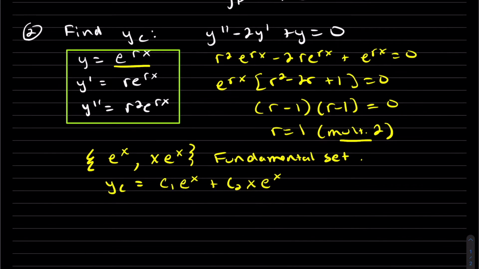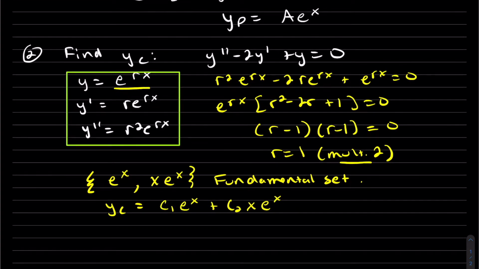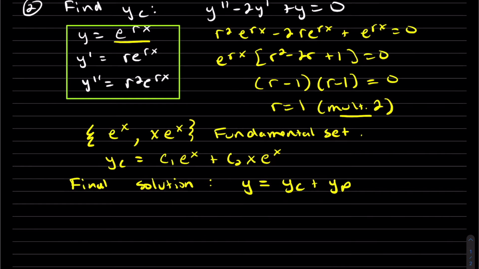And then I want us to go back and look at our raw guess. So if our final solution is supposed to be YC plus YP, so the particular solution to the non-homogeneous added to the homogeneous solution.